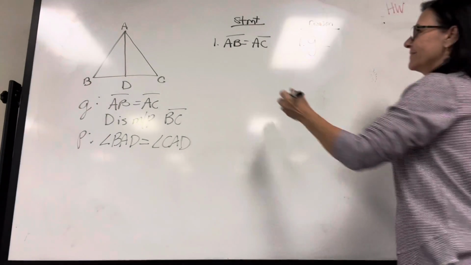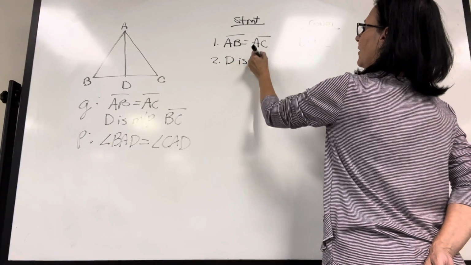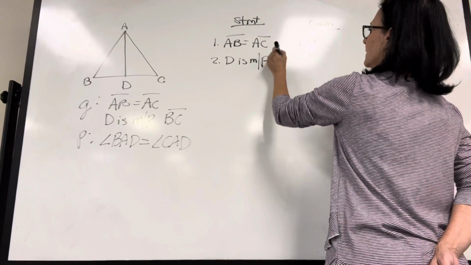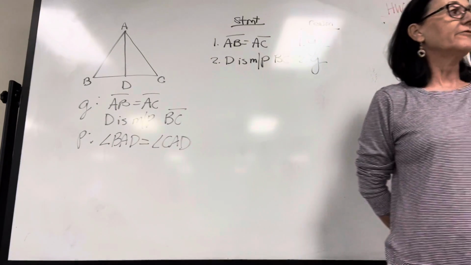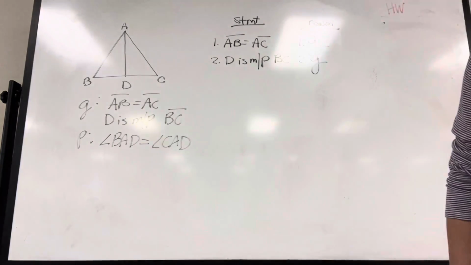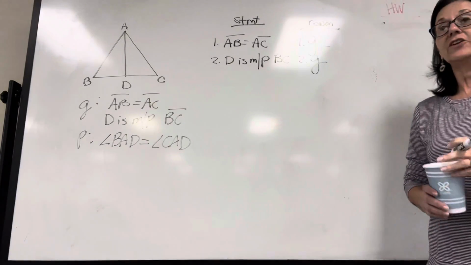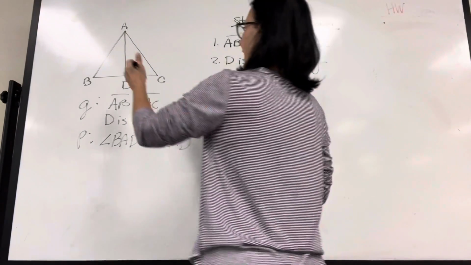D is the midpoint of BC. And the reason? Given. Okay, now where do I go from the given statements? What question am I asking myself? What can you know? What can I know from the fact that AB equals AC?